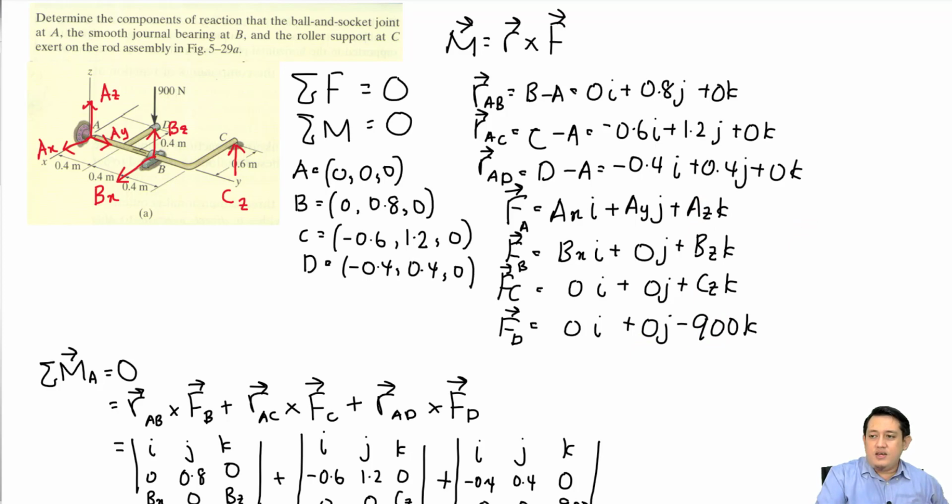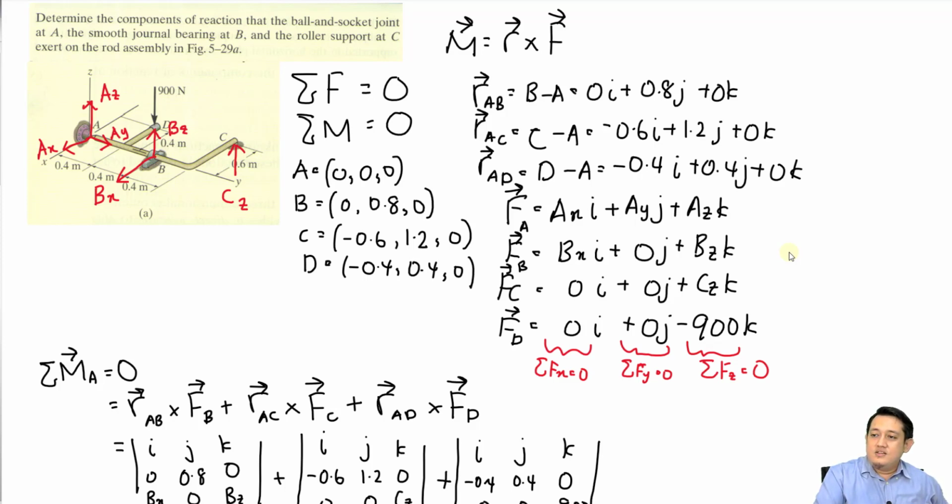That's why it is very nice if we can sort things out like this, so that we can see it clearly. So this one here will be total of Fx equals 0, this one here will be total of Fy equals 0, and this one here will be total of Fz equals 0.